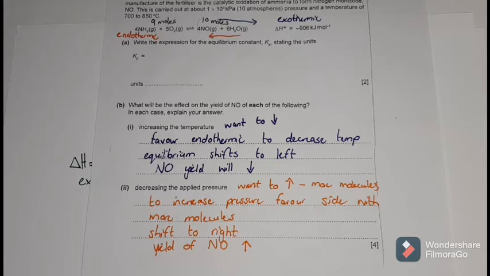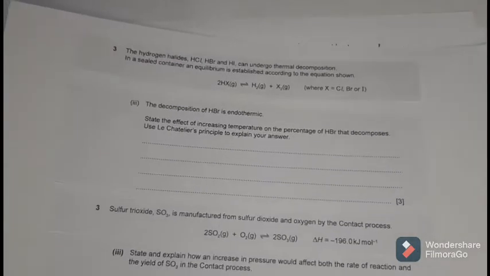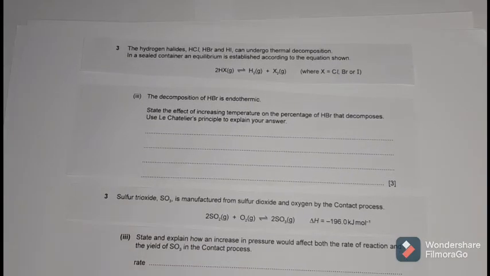Okay, so those are the kinds of Le Chatelier questions that you're going to get all the time, and you always need to look at the situation. If we look at a different example, now I have the hydrogen halides undergoing thermal decomposition, and they give you the equation.